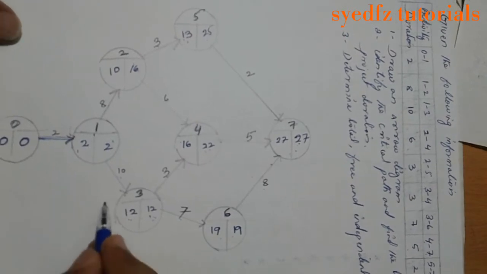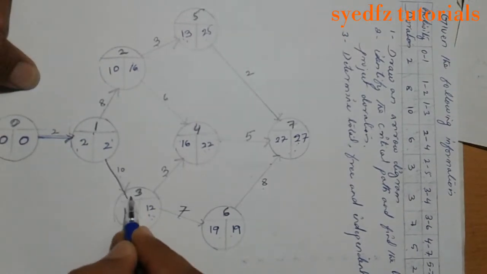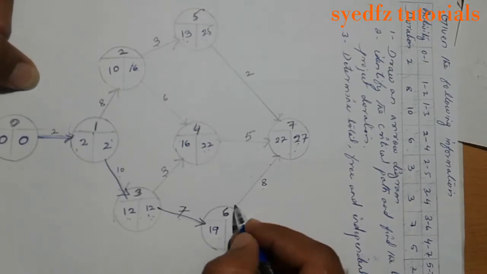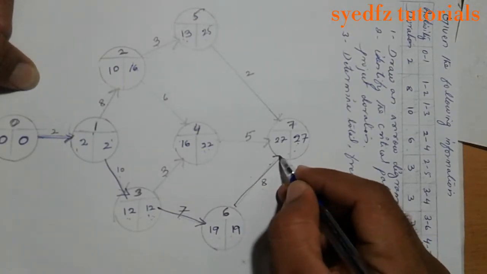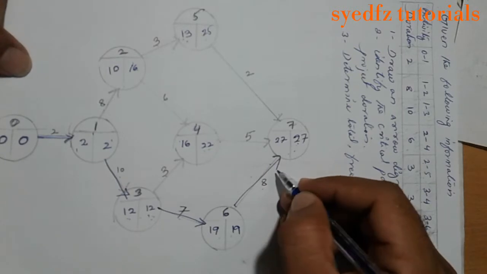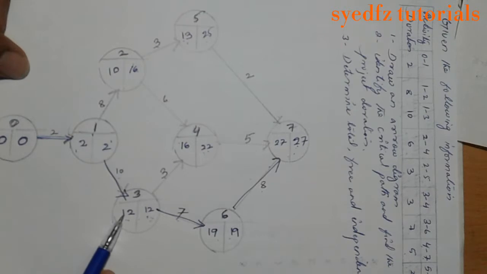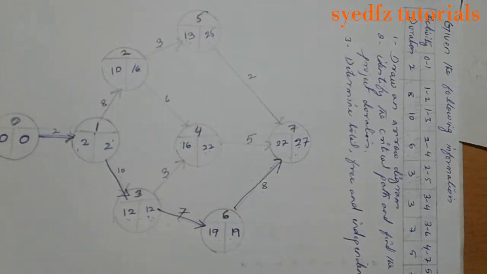It's a correct problem, not a different one. Here to here is the longest path. Because 2, then adding 10 is 12, then adding 7 is 19, then adding 8 is 27. This is the critical path.